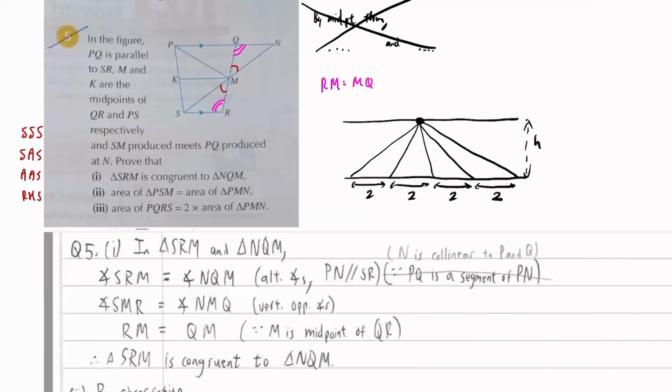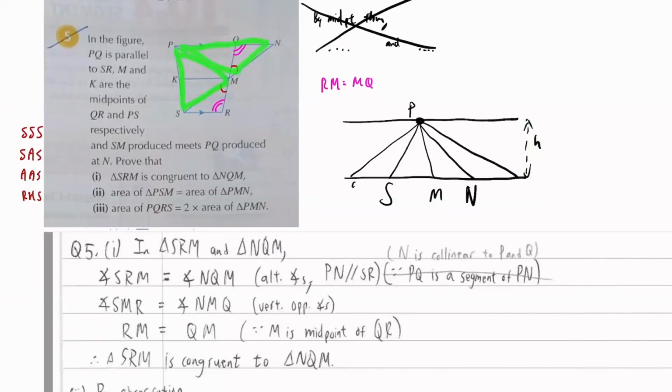Okay. PSM, PMN, get the triangles. Yeah. They share the same length PM. If this is P, this is M, this is S, this is N. Same height. Same height. Yes, correct. Then what else? Same height.